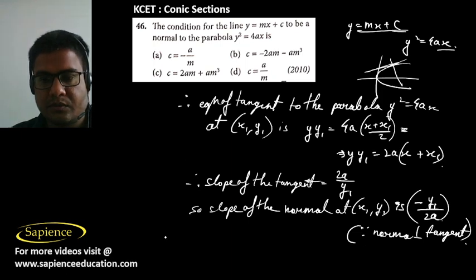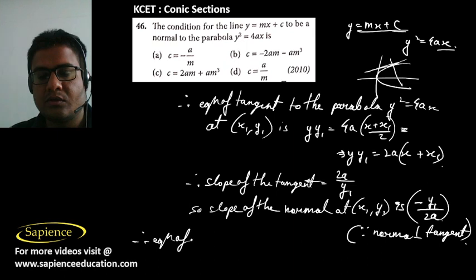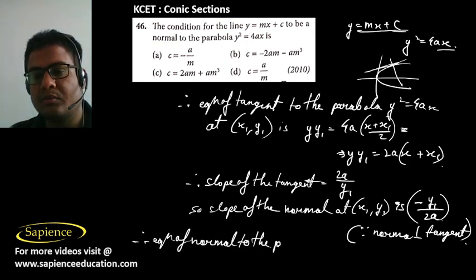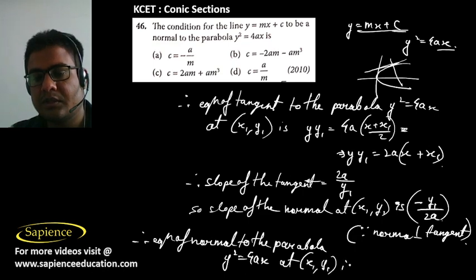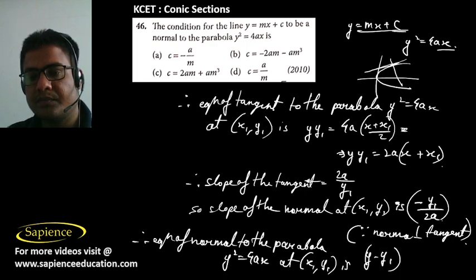So therefore we can say the equation of the normal to the parabola y square equal to 4ax at the point x1 comma y1 is given as y minus y1 equal to m, which is minus y1 by 2a, into x minus x1.